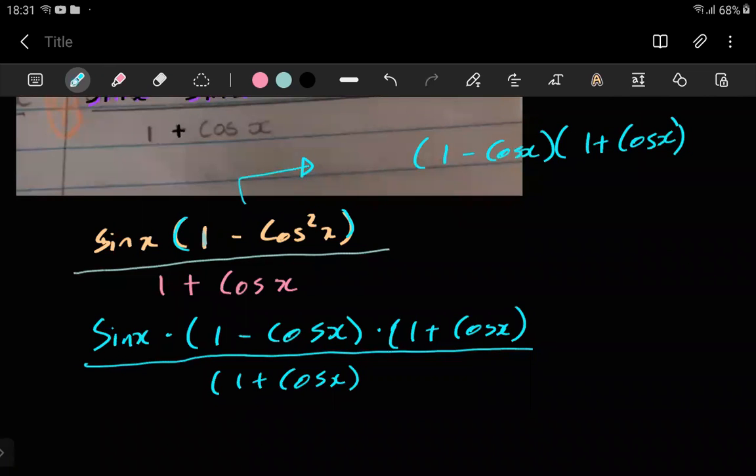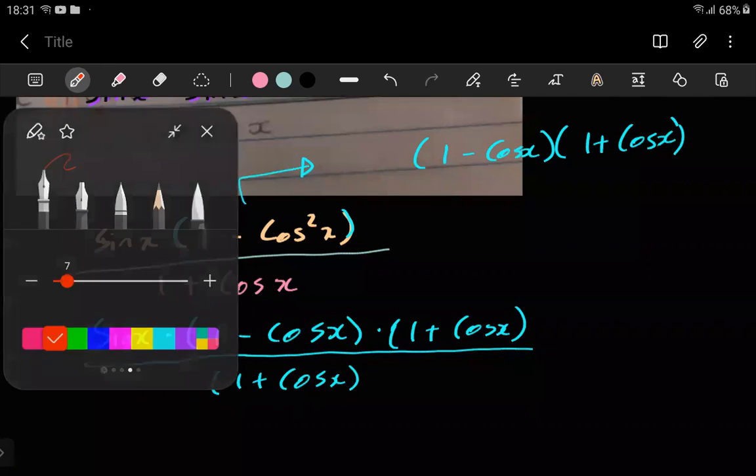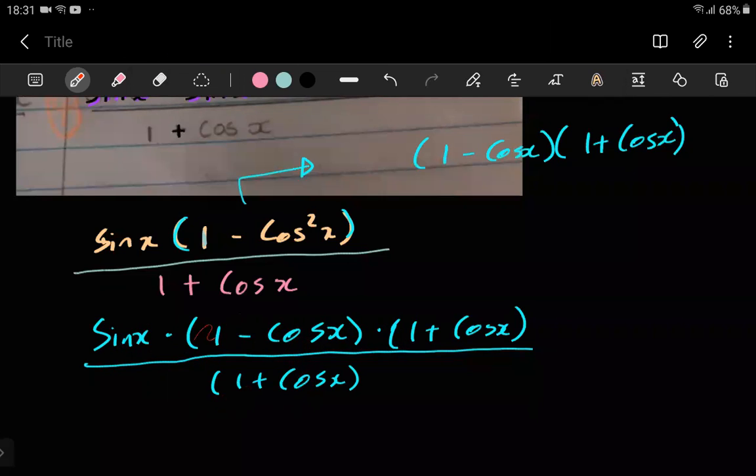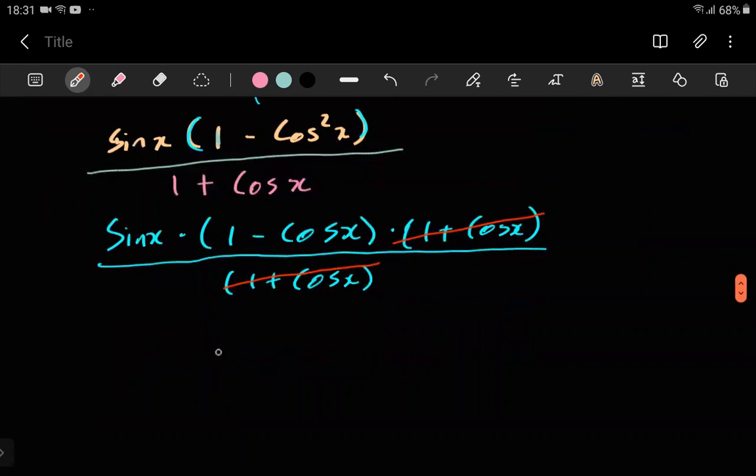Everything is being multiplied together, so this can easily cancel that. And then our final answer is sin x multiplied by 1 minus cos x.